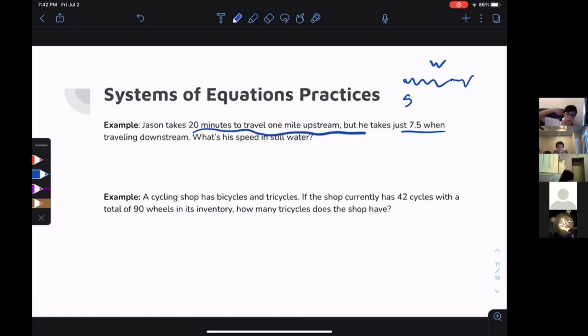So just to be clear, that would mean his upstream speed would be his raw speed minus the water speed, and his downstream speed would be his raw speed plus the water speed. Using this, they want you to find how fast he is in still water, which means that he's only going at S.